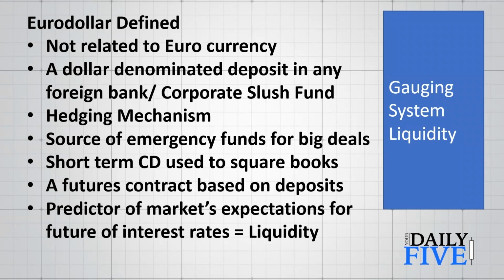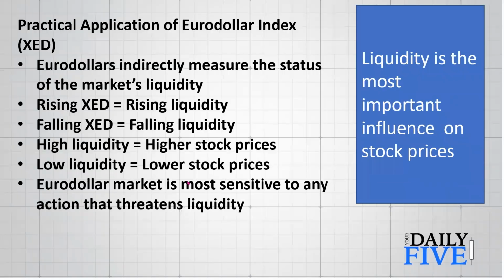And I like to use a composite called the Eurodollar index, which I will get into in a little bit. But the key here is that it's also a predictor of the market's expectations for the future of interest rates. Because it's so sensitive to what the Fed does, it's a great way to predict liquidity and to get an idea as to what the current liquidity in the market is. So the practical application of the Eurodollar index is that Eurodollars indirectly measure the status of the market's liquidity.